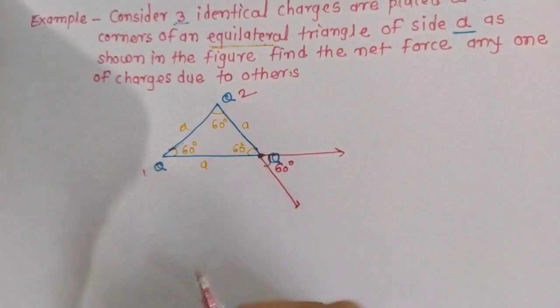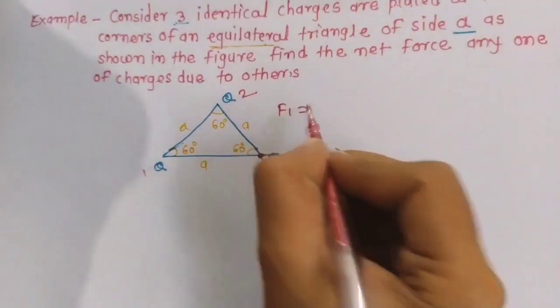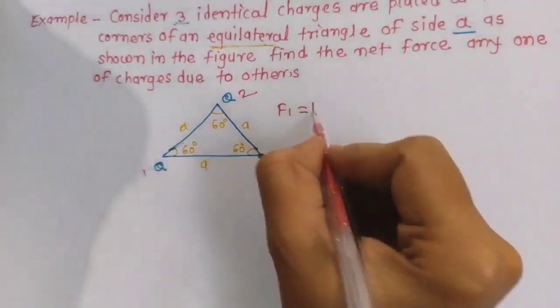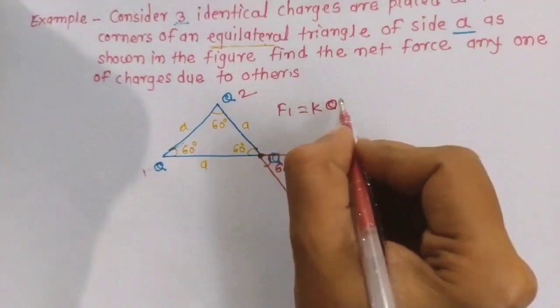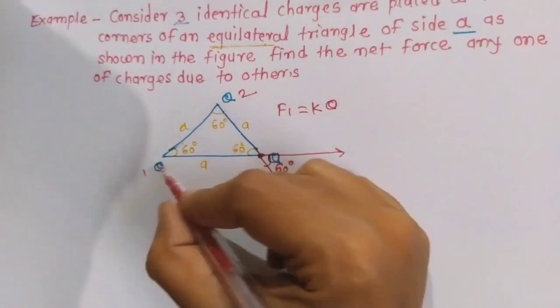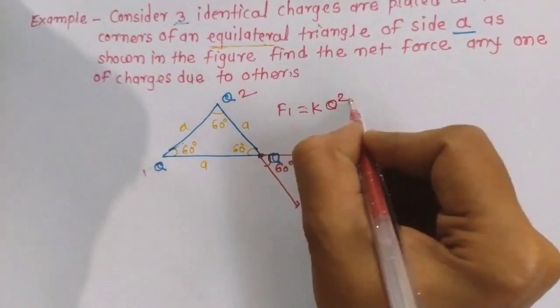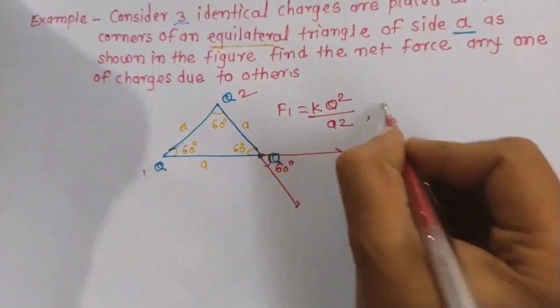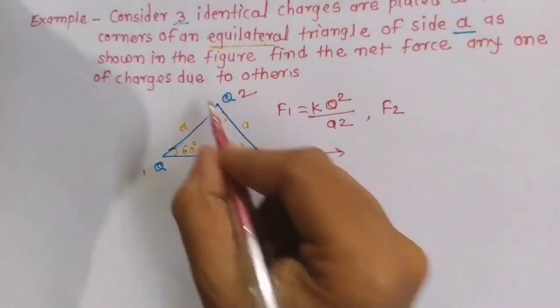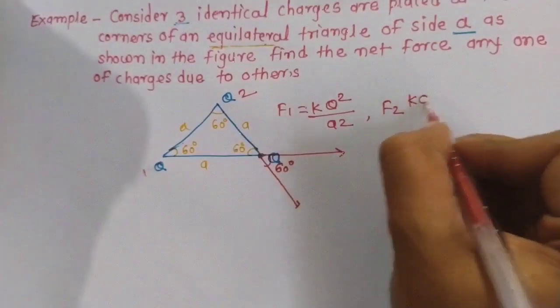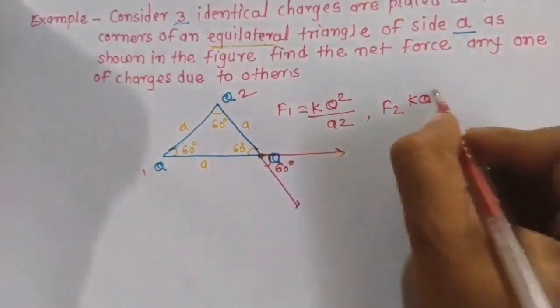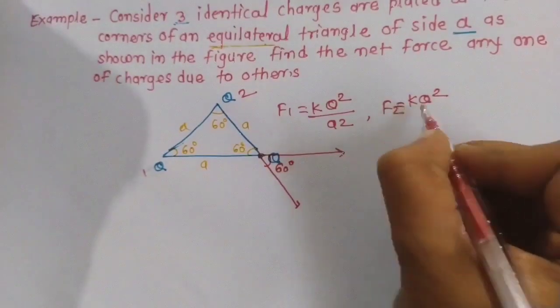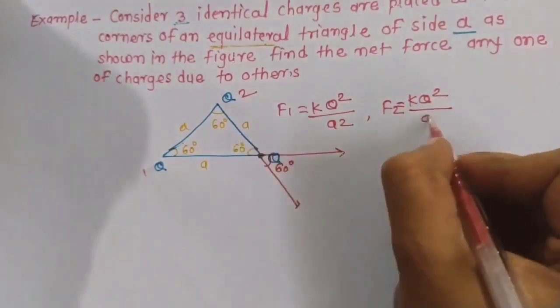F1 is equal to K Q Q, therefore K Q square upon A square. Similarly F2 is K Q square upon A square.